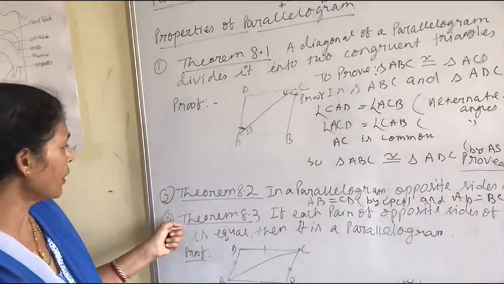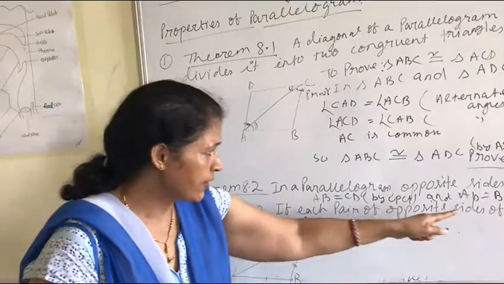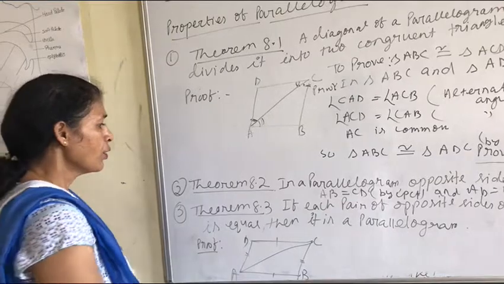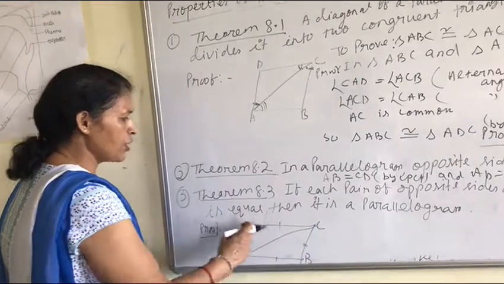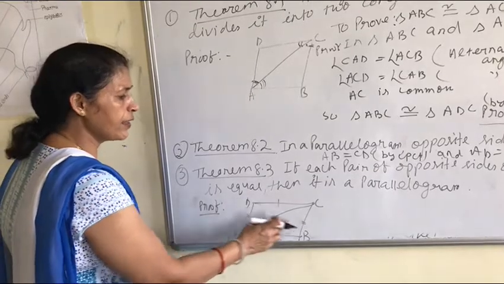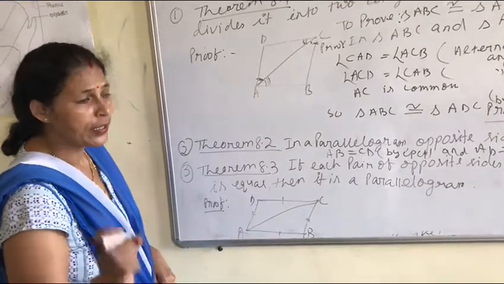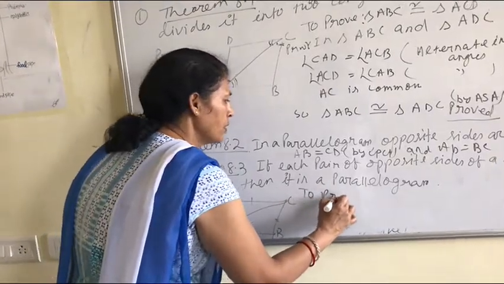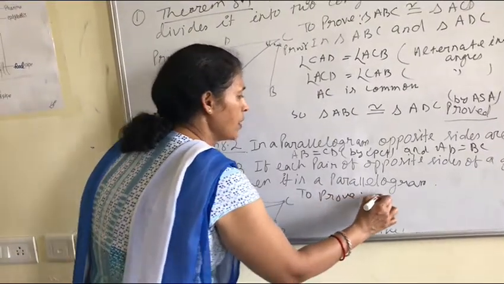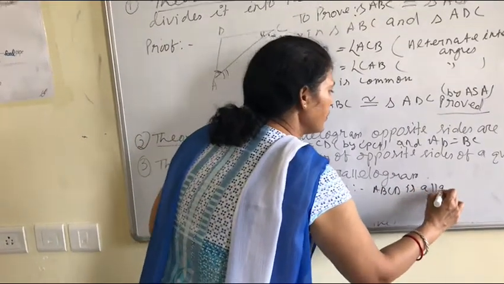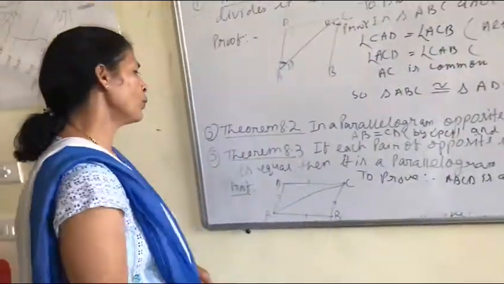Then your 3: if each pair of opposite sides of a quadrilateral is equal, then it is a parallelogram. Given a quadrilateral ABCD having opposite sides equal, you have to prove it is a parallelogram. So what to prove? ABCD is a parallelogram. How do you prove it?